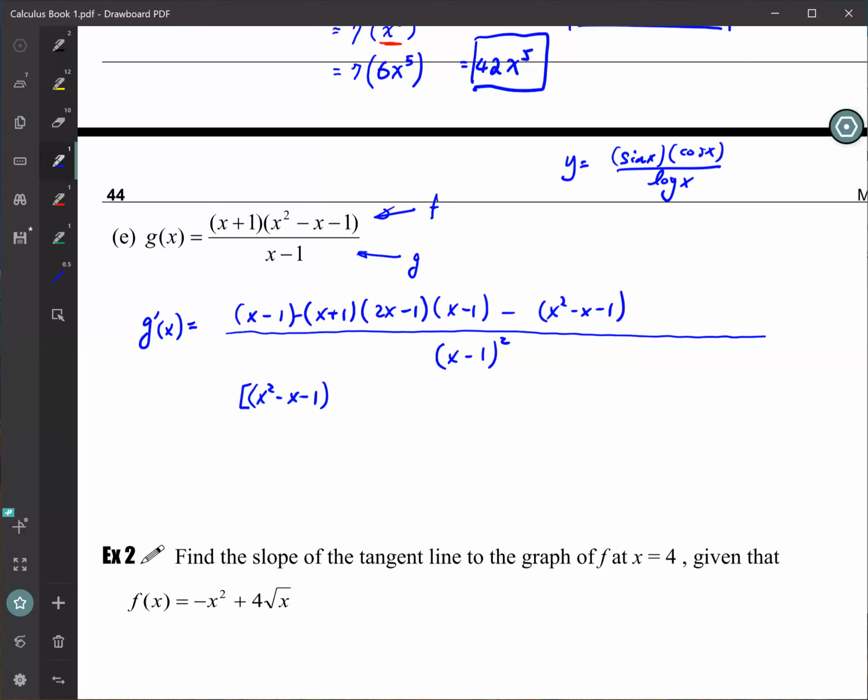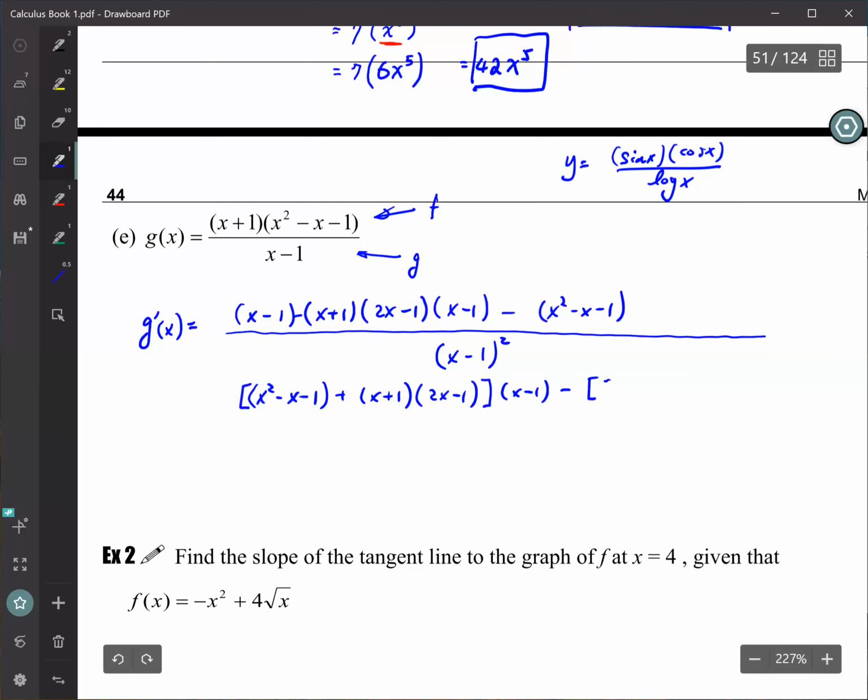Then plus bracket x plus 1, close bracket, another bracket 2x minus 1, end of square bracket, and all of that times x minus 1. Then minus, square bracket, bracket x plus 1, and then bracket x squared minus x minus 1. That's done. And then all over x minus 1 together squared.